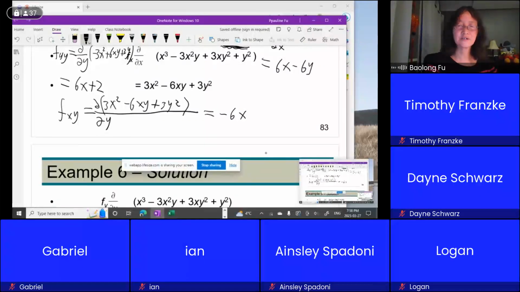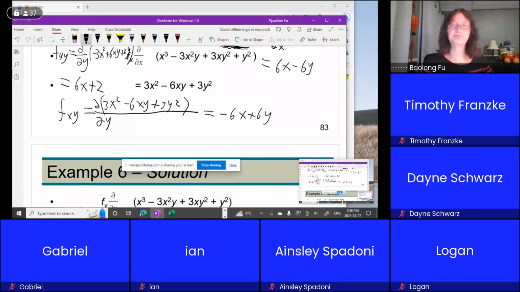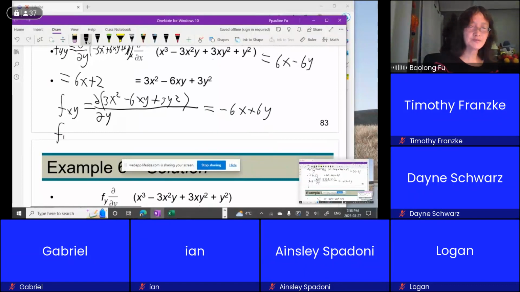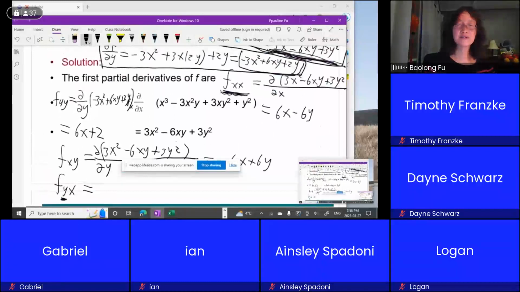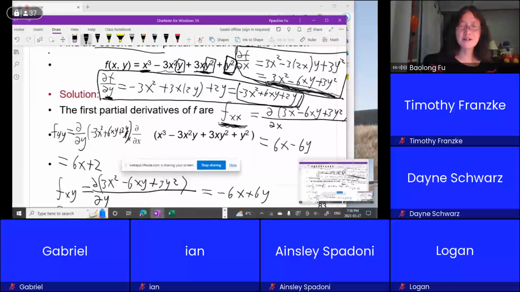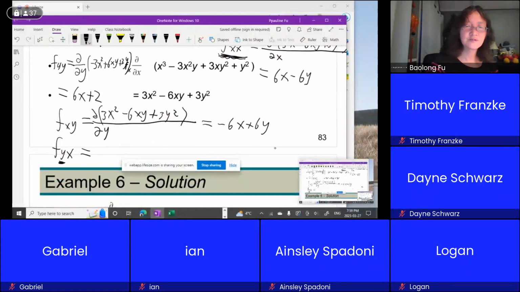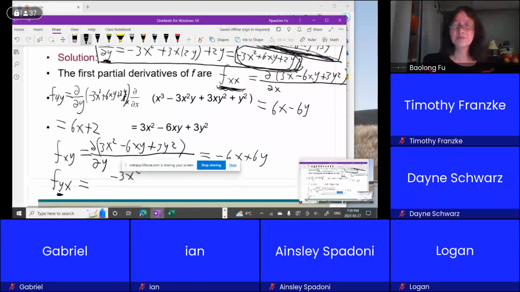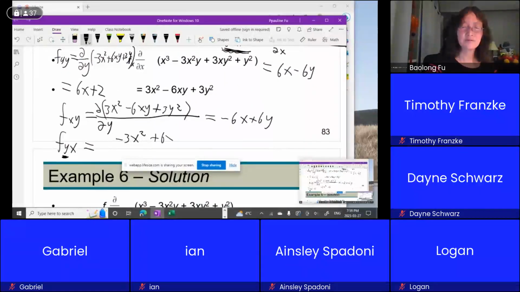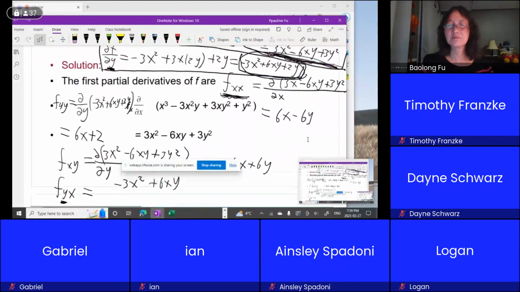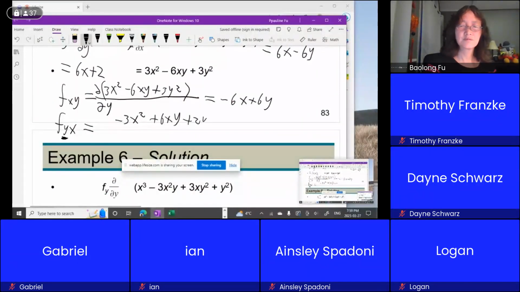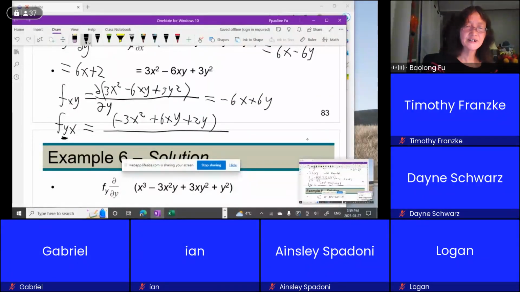So you got, and the last one, fyx, means take derivative for y first. This is derivative for y, so copy down this expression. And this, take derivative of x.